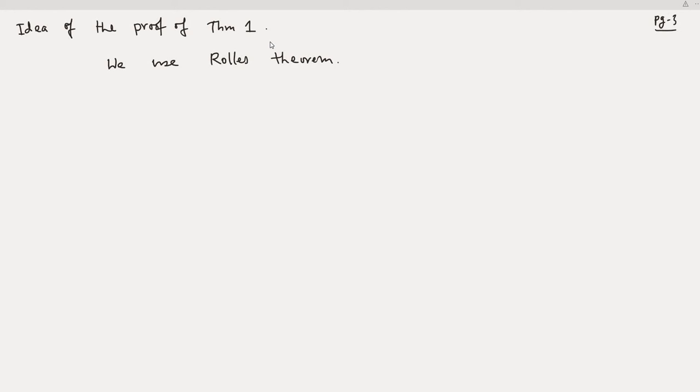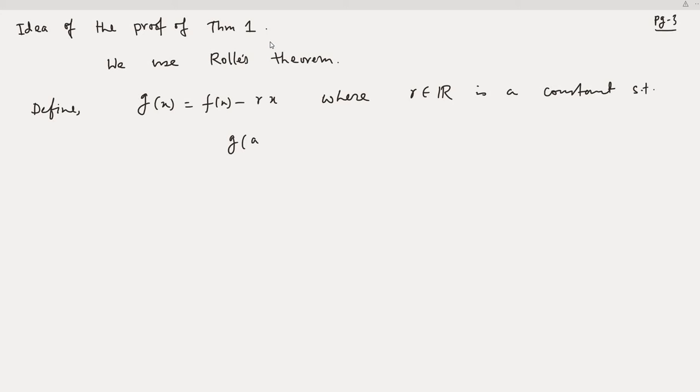To use Rolle's theorem, we define a new function g. Define g of x equal to f of x minus r times x, where r is a constant such that g of a equal to g of b.